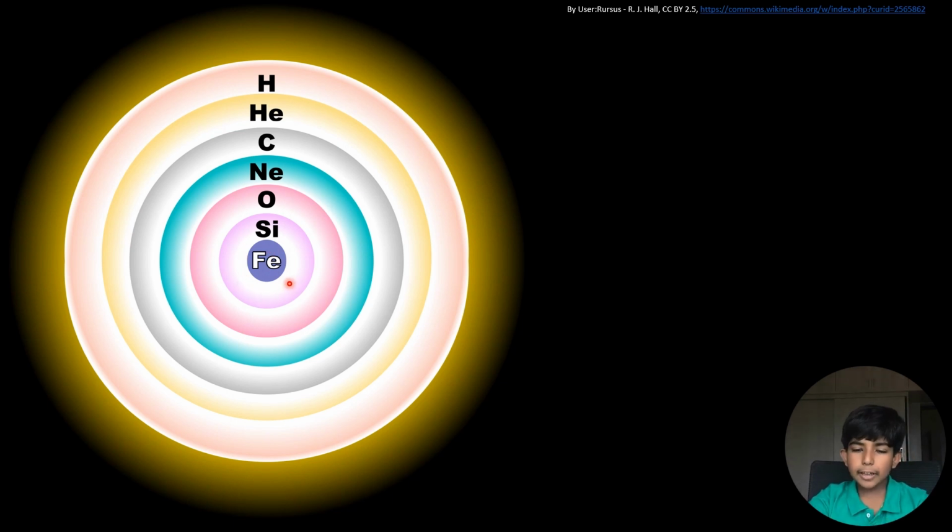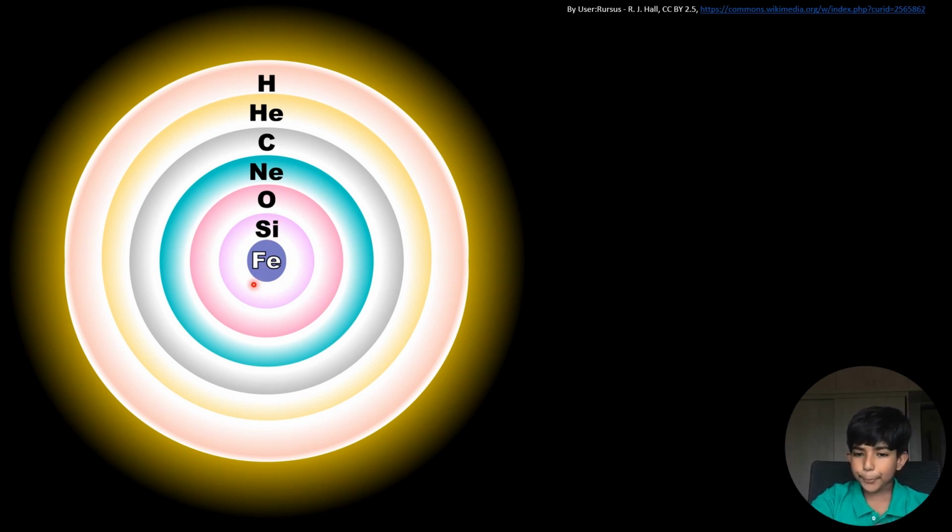And iron has a strange property that it is the most stable nucleus. So hydrogen is not very stable, then helium is more stable, and while making the elements more and more stable, the star is getting the energy that is released from them.